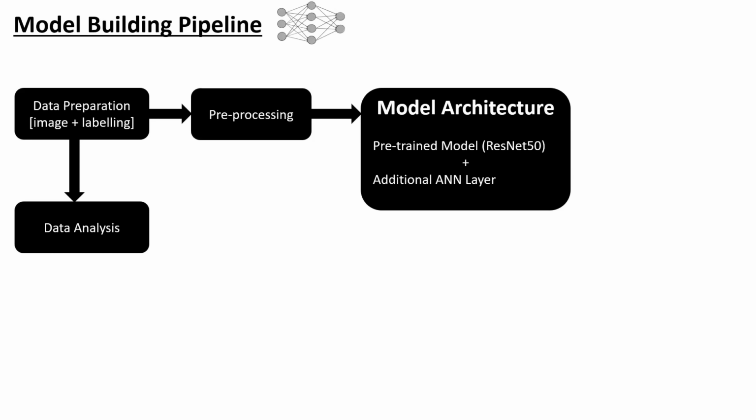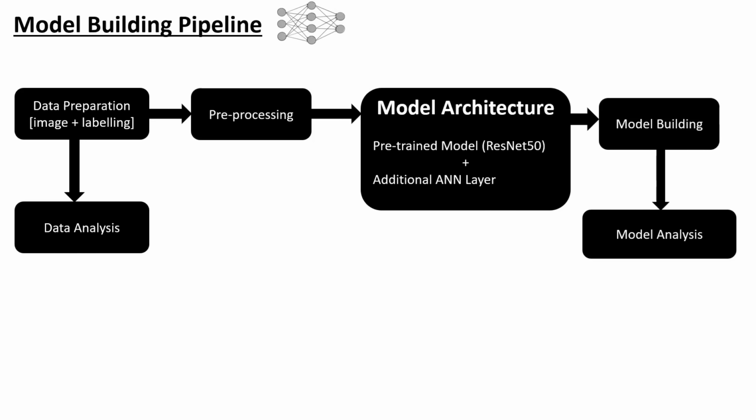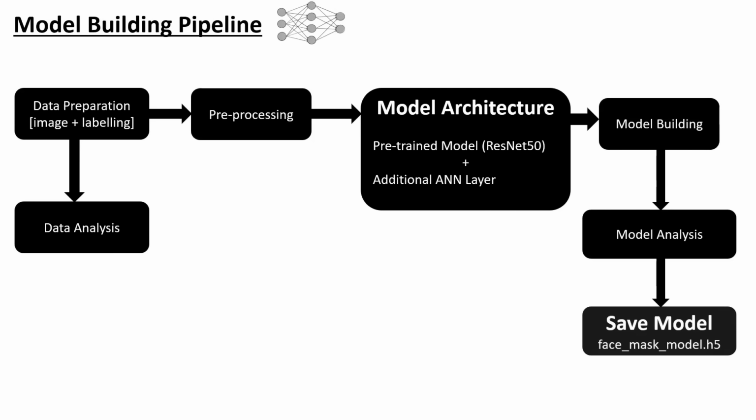Here I will use a pre-trained model, which is ResNet50, and additionally add ANN layers. Then we'll send it for model building. When the model is completed, we'll do the model analysis, where the loss and accuracy graphs will be created. And then we'll save the model.